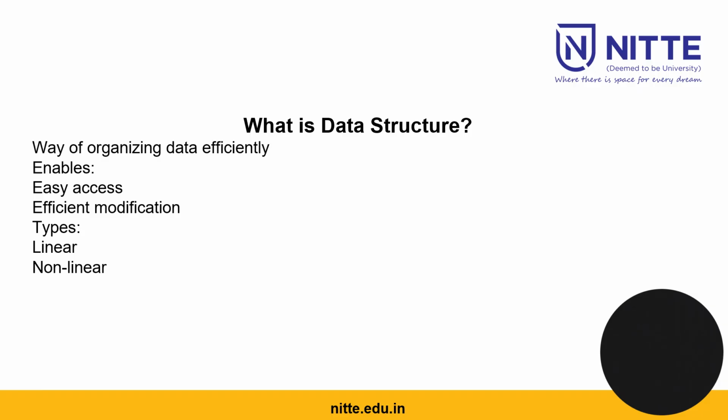Next is another type of data structure, that is the non-linear data structure. As I already said, non-linear data structures are trees and graphs. A graph is nothing but it contains some nodes, which we call vertices, and there are some edges.